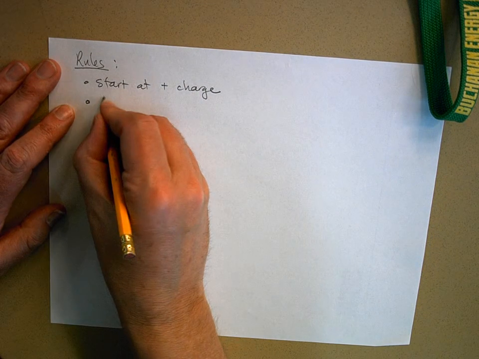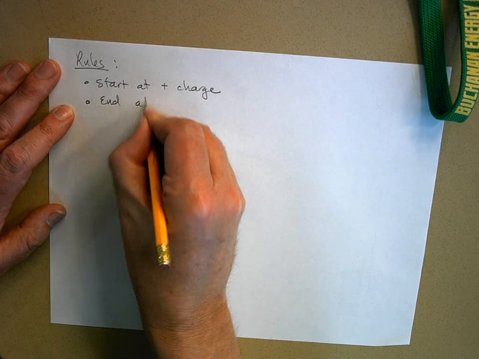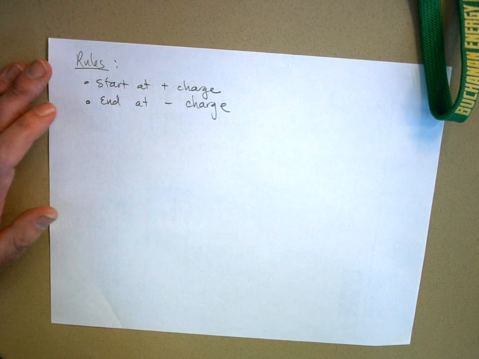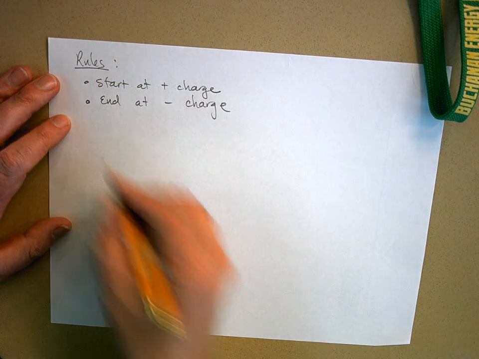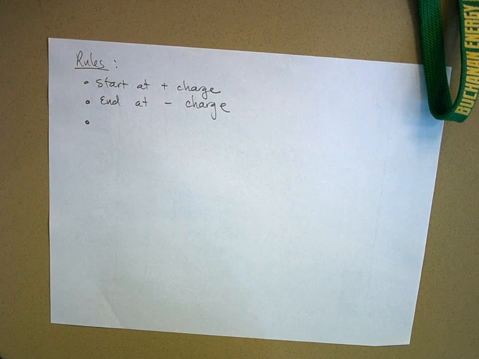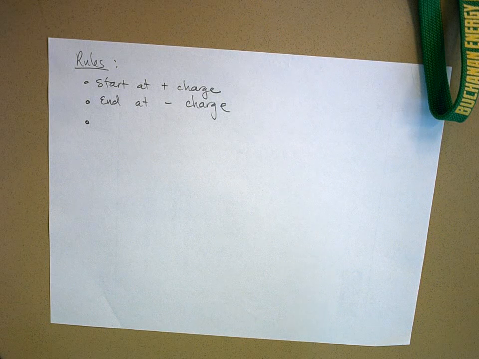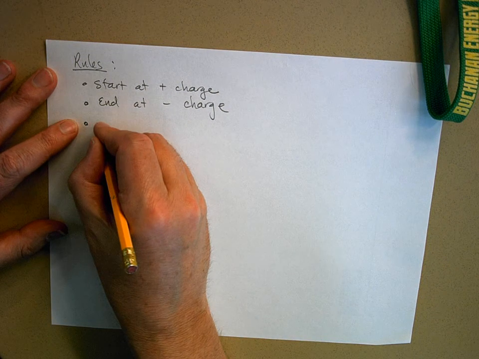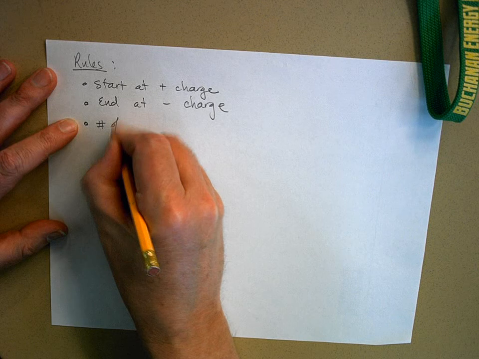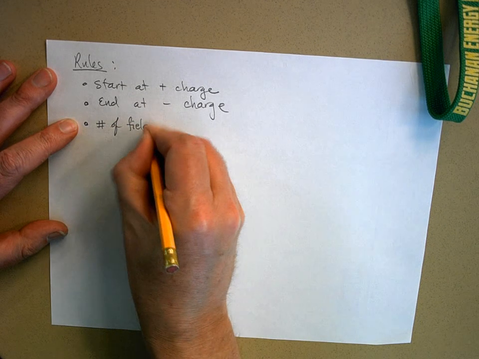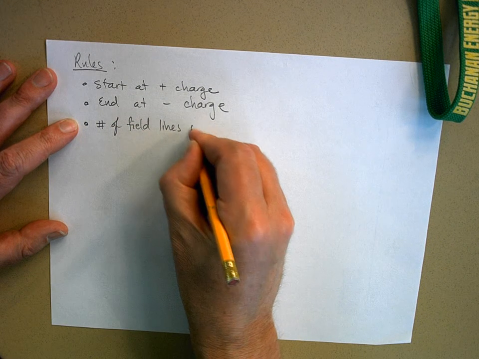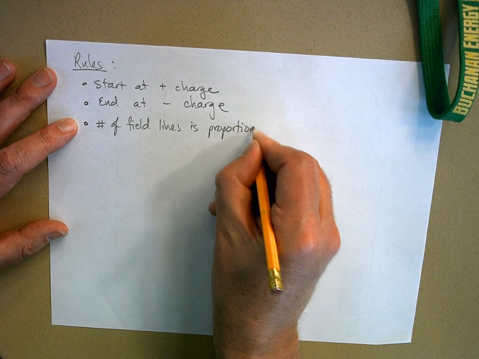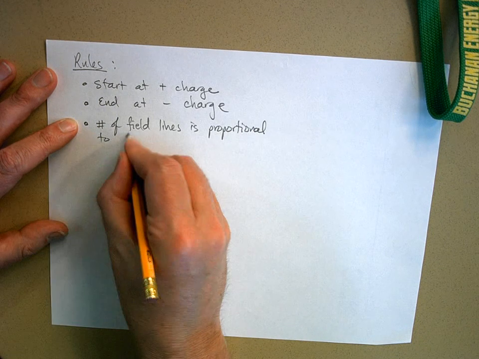They end at negative charge. Also, when you draw a bunch of electric field lines, the number of field lines is proportional to the amount of charge.